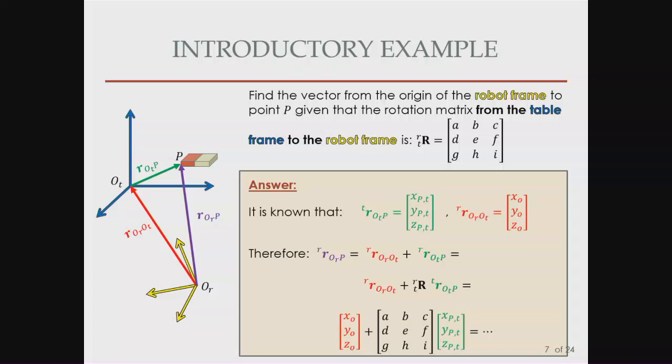All right, and whatever the result is, that 3 by 1 vector would be the purple vector represented in the robot frame. So what we are doing in this lecture is finding a systematic way to calculate these A, B, C, D, E, F components of a rotation matrix if we know the orientations of the two frames between which we convert.